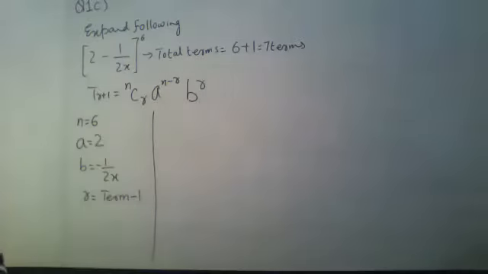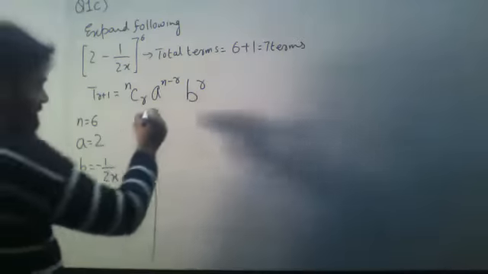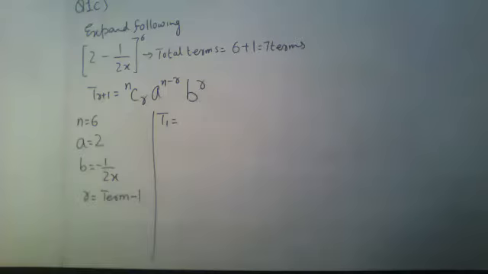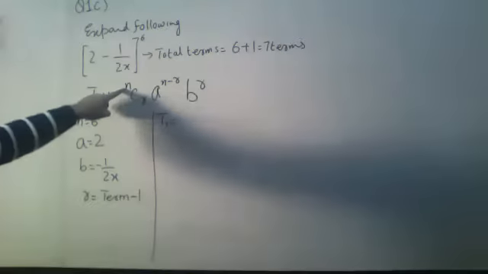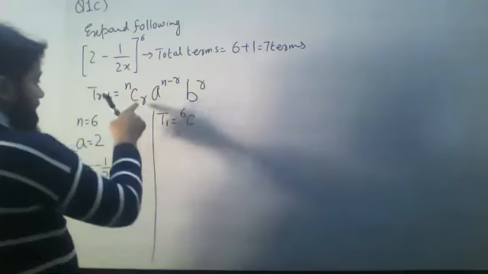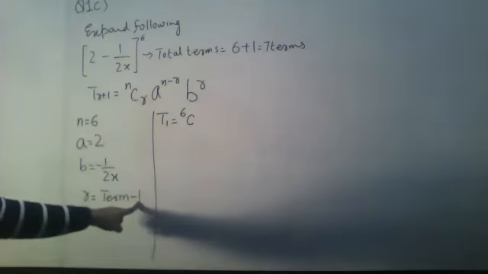Now, how are we going to solve it? First of all, I am going for my first term, T1. After that, n is 6, so 6C, now r. What is r? r is term number minus 1.